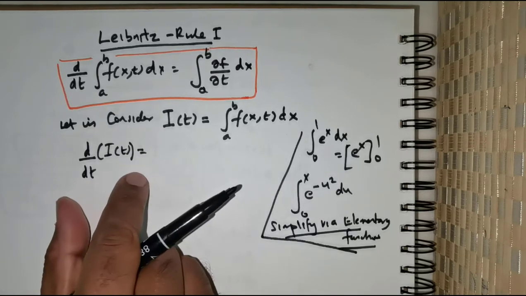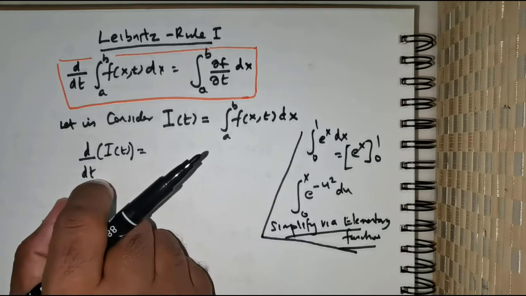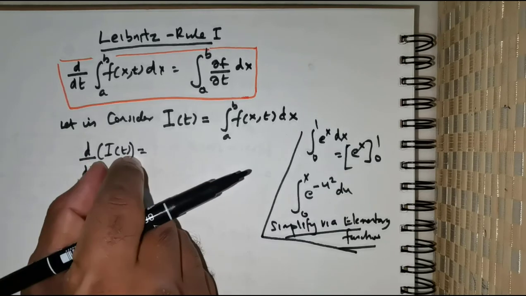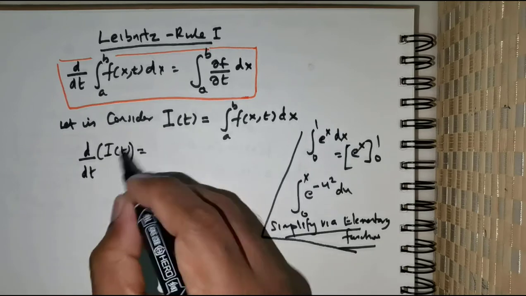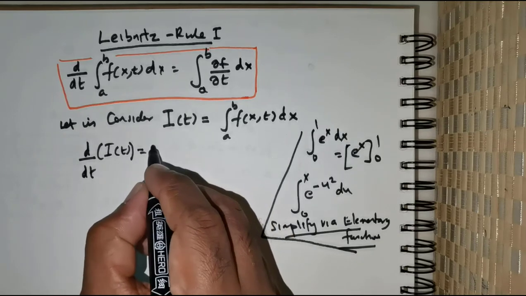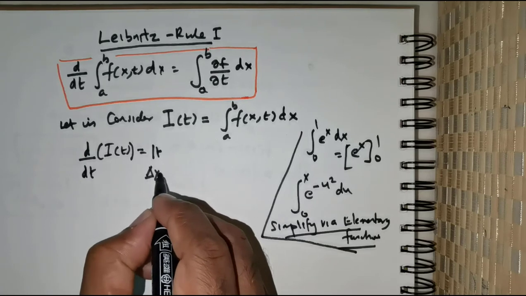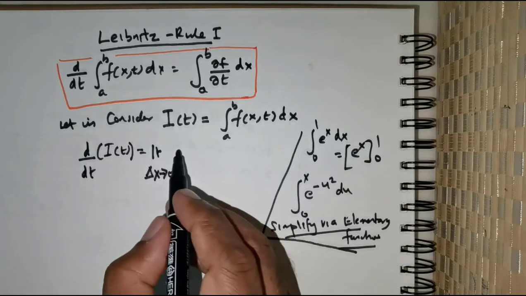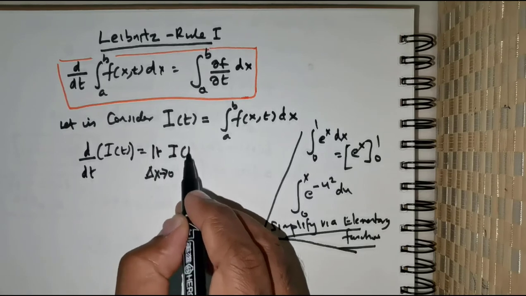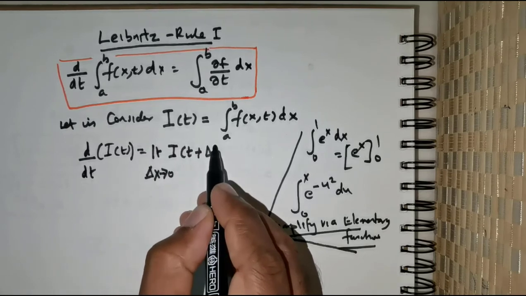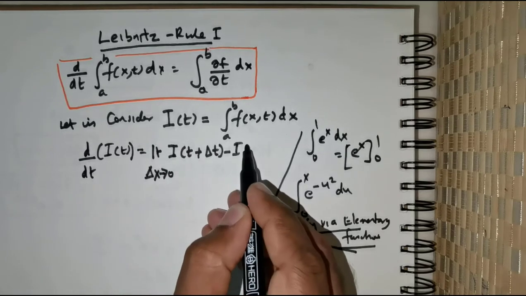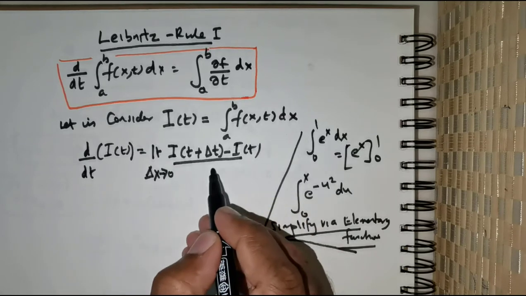Applying the differential operator to this function, by definition I can rewrite this as the limit as delta t tends to 0 of I of t plus delta t minus I of t, divided by delta t.